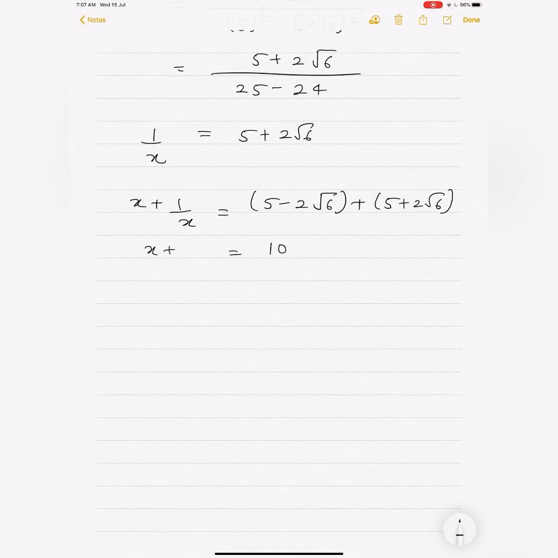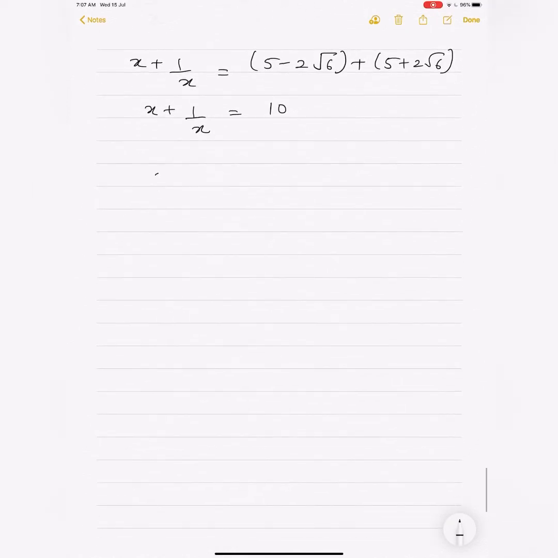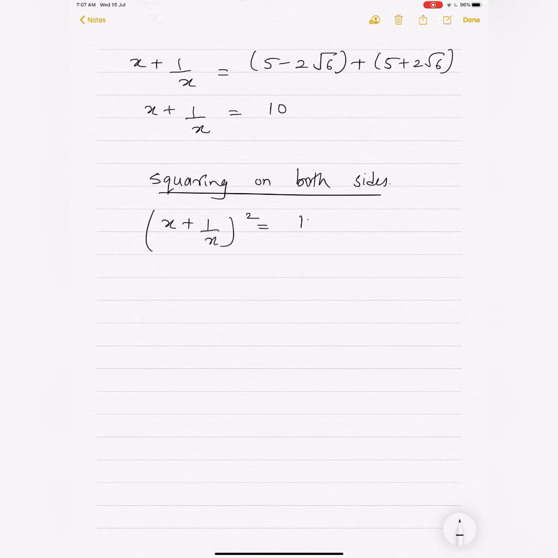So we've got x plus 1 upon x is equal to 10. So how much will be x squared plus 1 upon x squared now? What are we going to do now? Squaring on both sides, correct? Squaring on both sides, we'll get x plus 1 upon x the whole squared is equal to 10 squared.